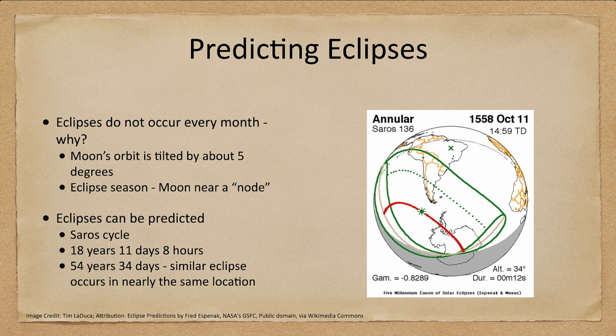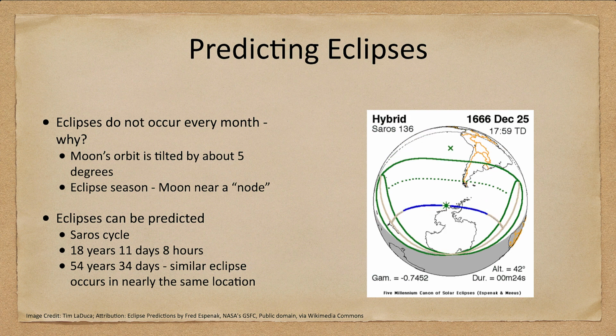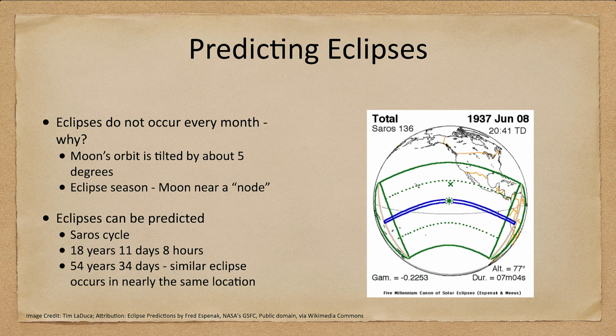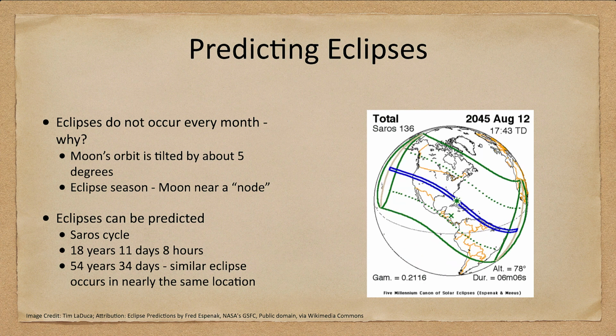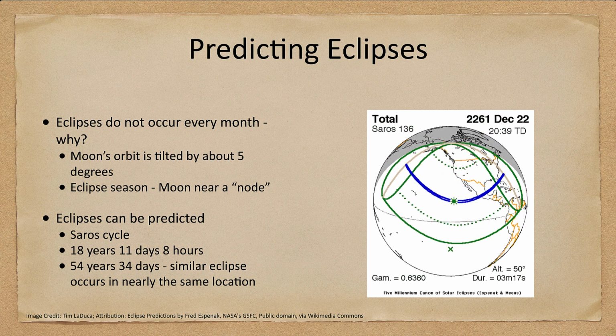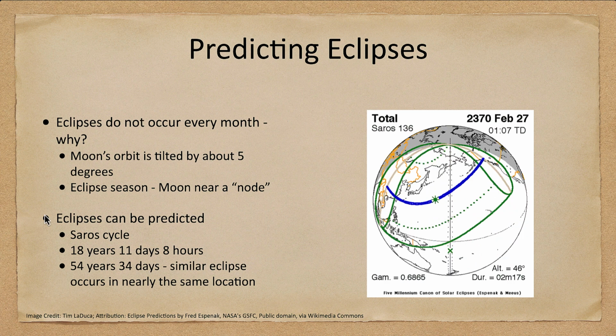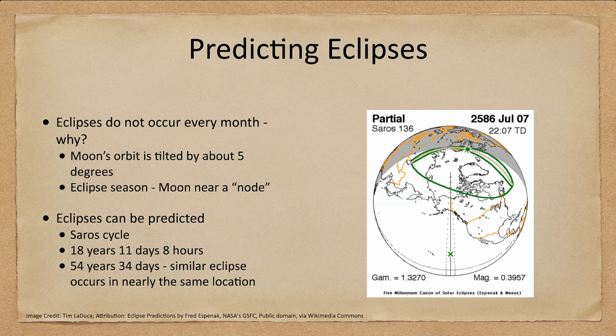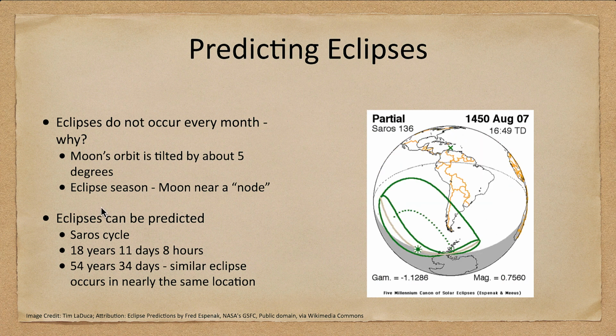Now again, over time they slowly change, so we don't get the exact eclipse all the time. But you can see when these eclipses will be visible. Now this isn't all eclipses. This is just one specific Saros cycle that we are looking at. But every 54 years, you will get a similar eclipse from that location.